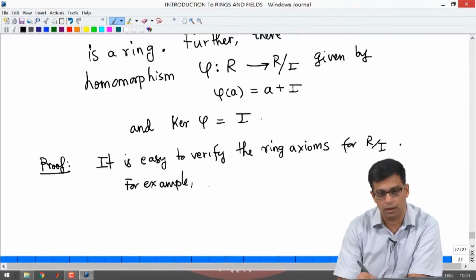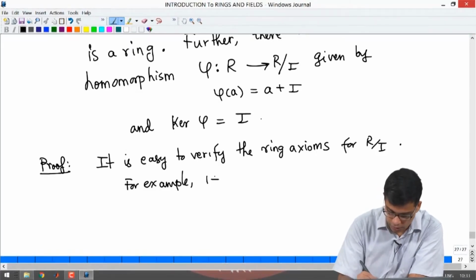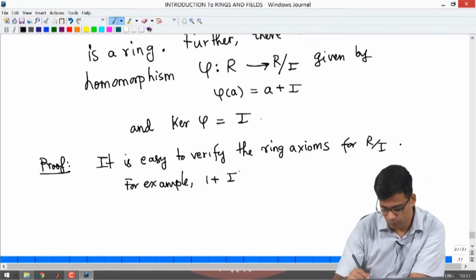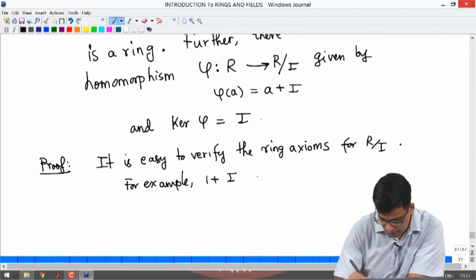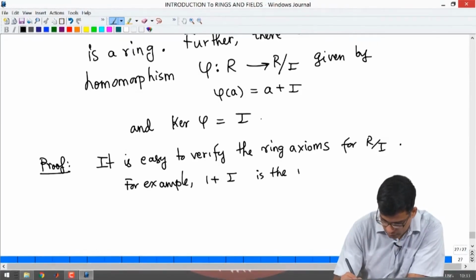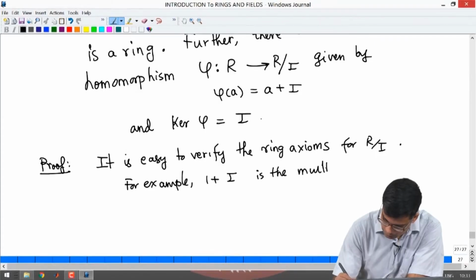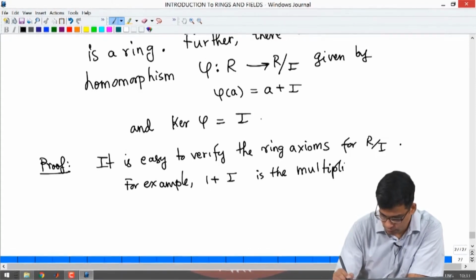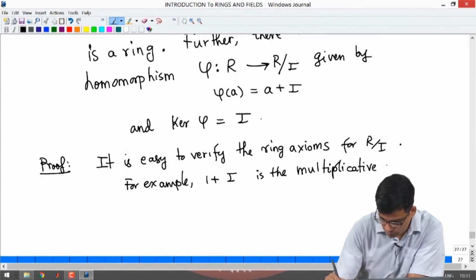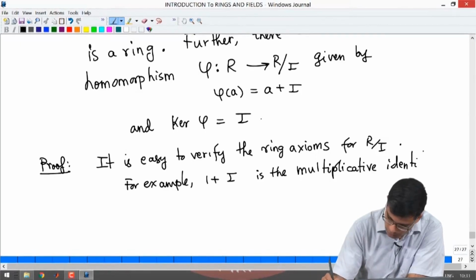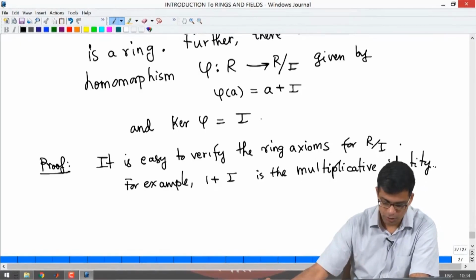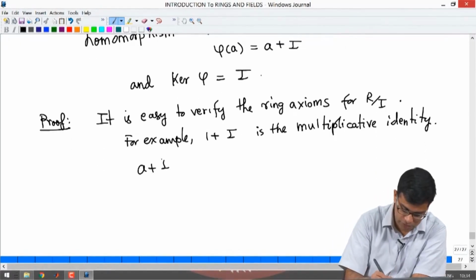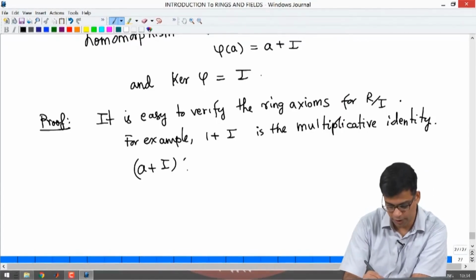what is the ring multiplicative identity for the ring R mod I? It is simply 1 plus I. 1 plus I is the multiplicative identity. This is actually easy to check because a plus I is an arbitrary quotient ring element.